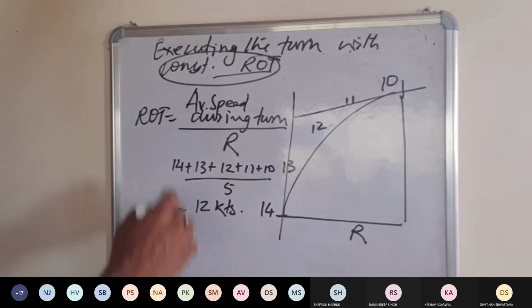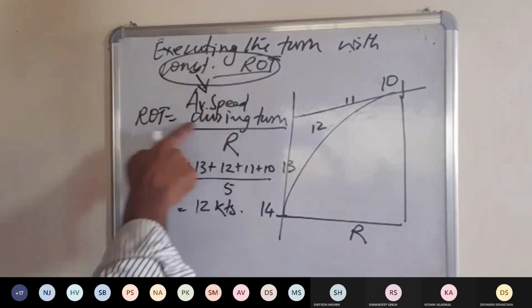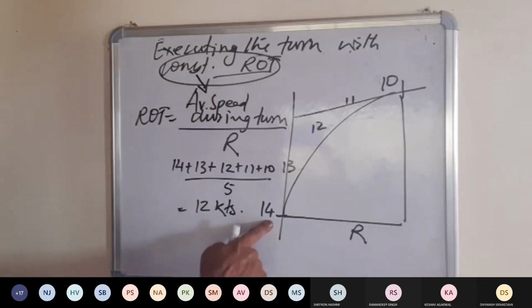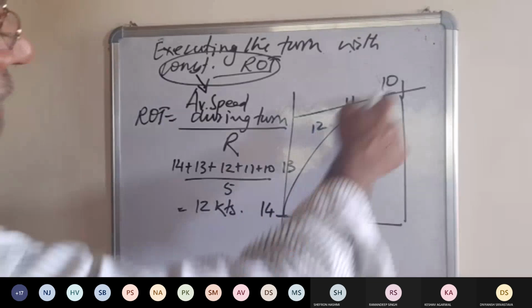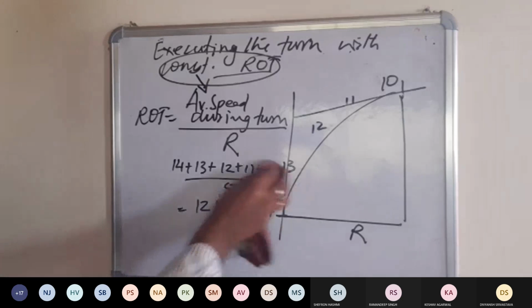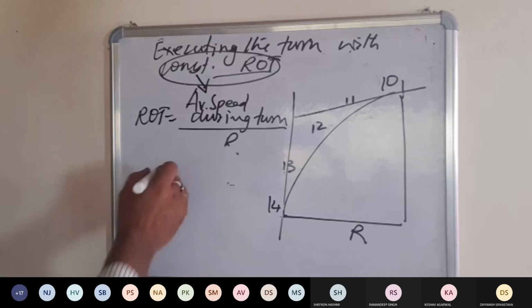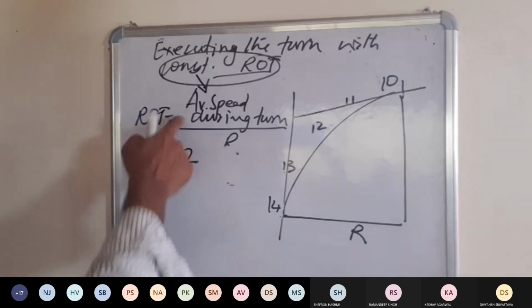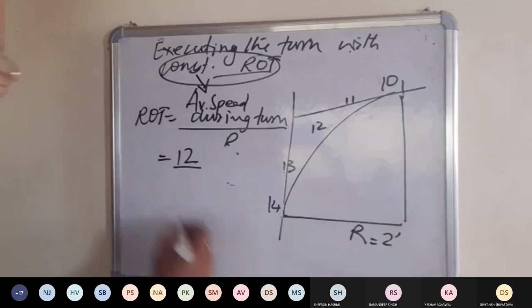So if we want to turn with constant ROT, we have to take not the individual instantaneous speed, but take the average speed of the turn and divide it by the radius. So in this case, it is 12 knots divided by 2 miles, let us assume.